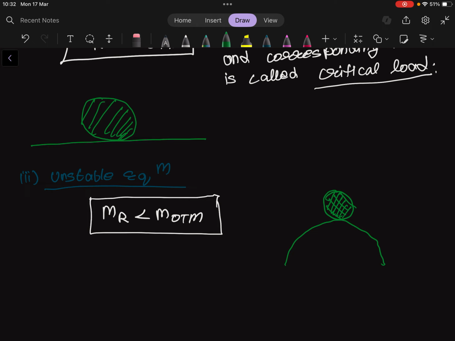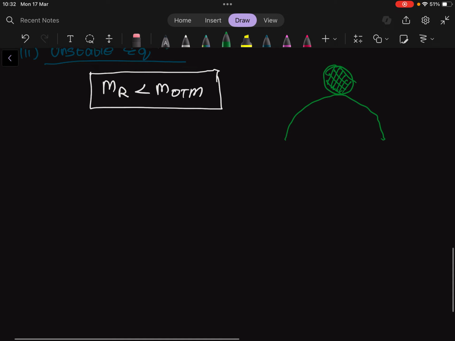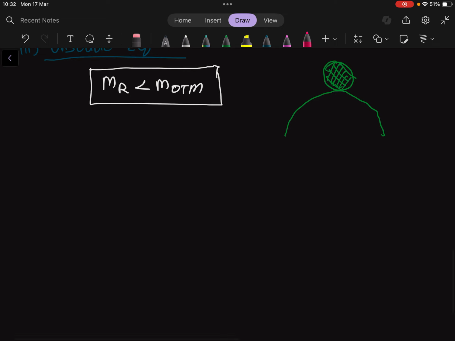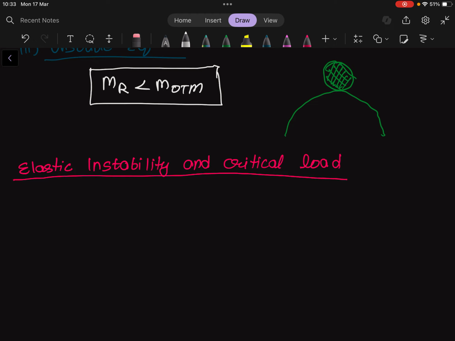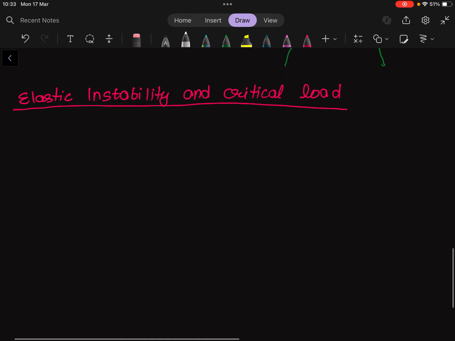Now let's talk about the elastic instability and critical load. So let's understand this concept with the help of some diagram.